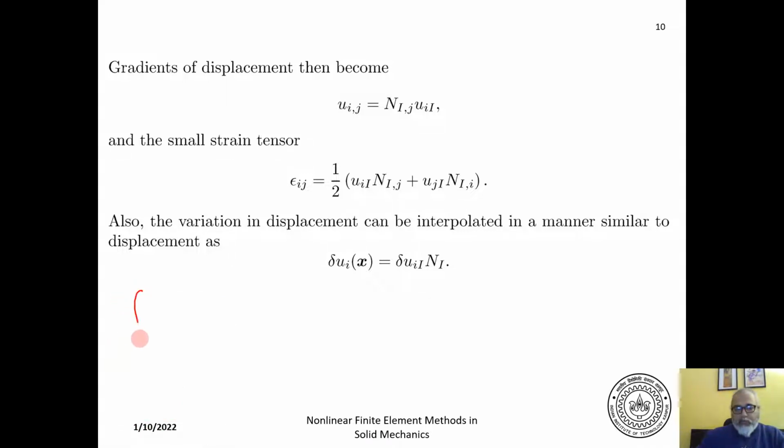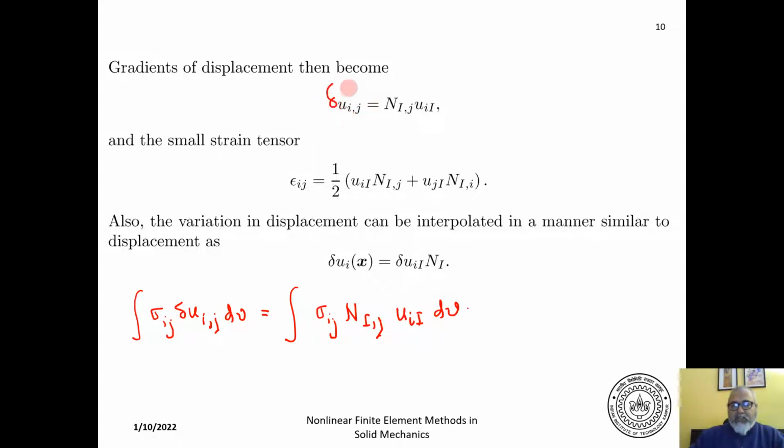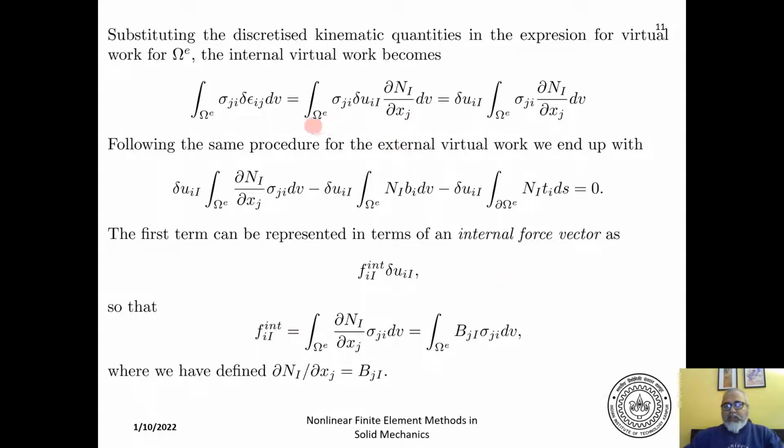So you have sigma ij delta u i comma j dv, where you now write this as sigma ij N I comma j del u I dv. So I have used this with the del here to replace this.